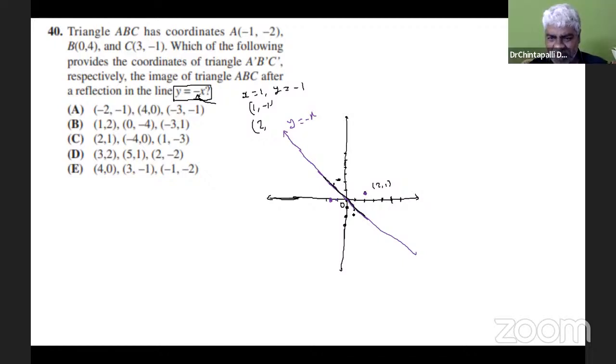Very good. 1, -2. It cannot be its negative. See, think clearly. It is the point. Its image is this.